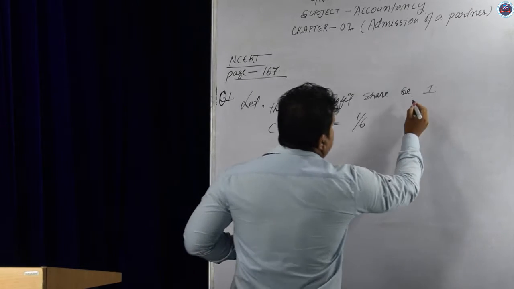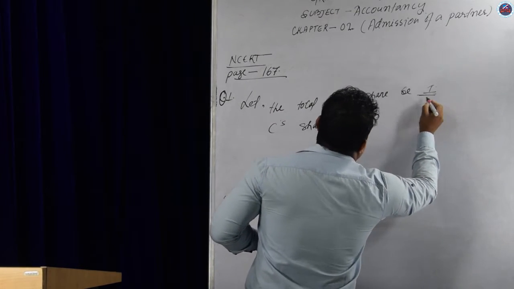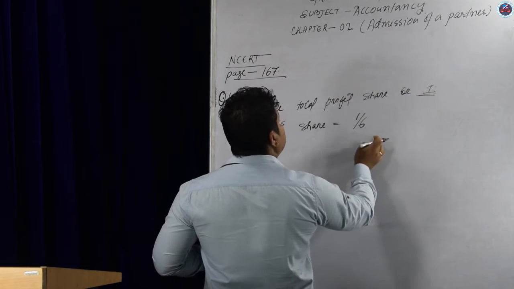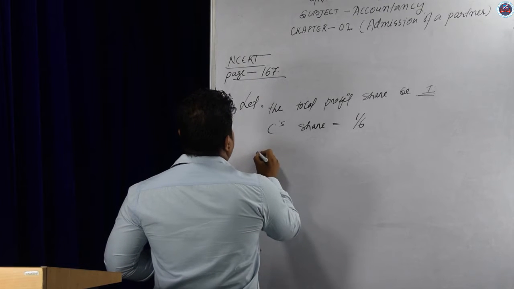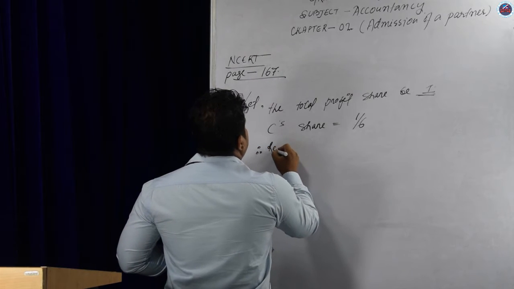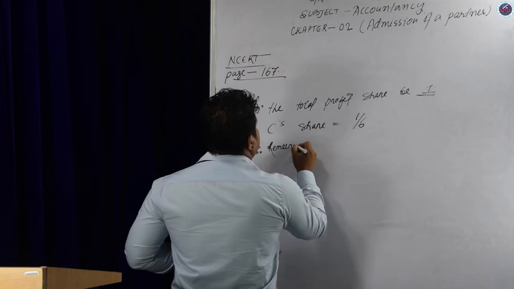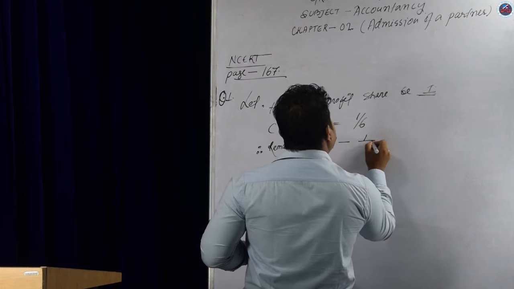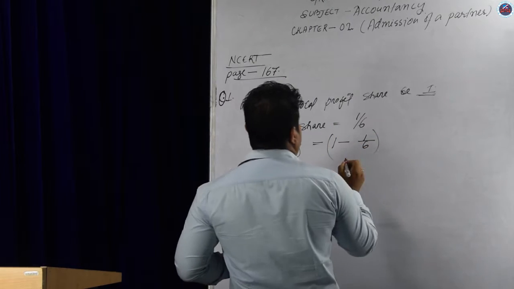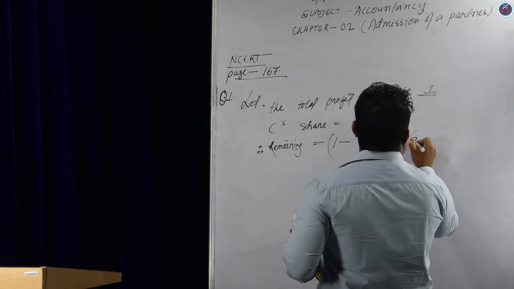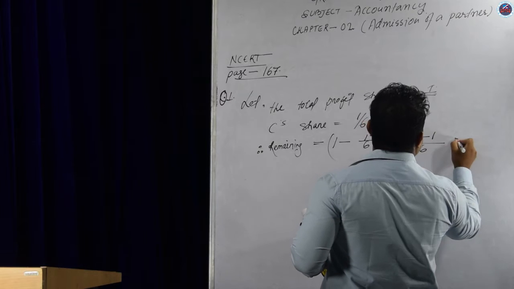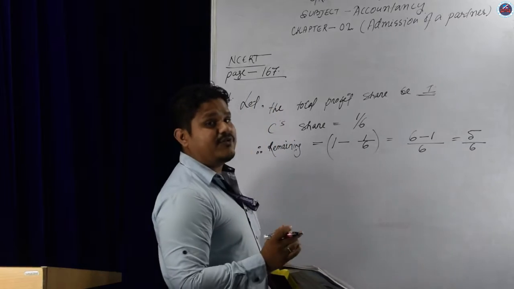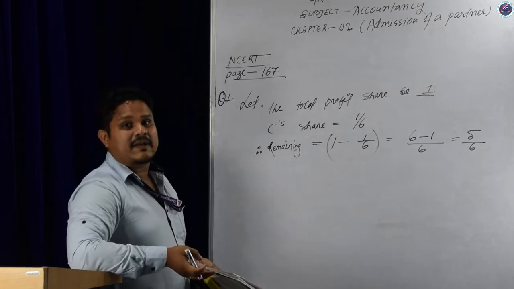So we subtract 1 minus 1/6 to get the remaining share, which is 6/6 minus 1/6, that is 5/6. Now we have to find out the new profit sharing ratio of A and B.